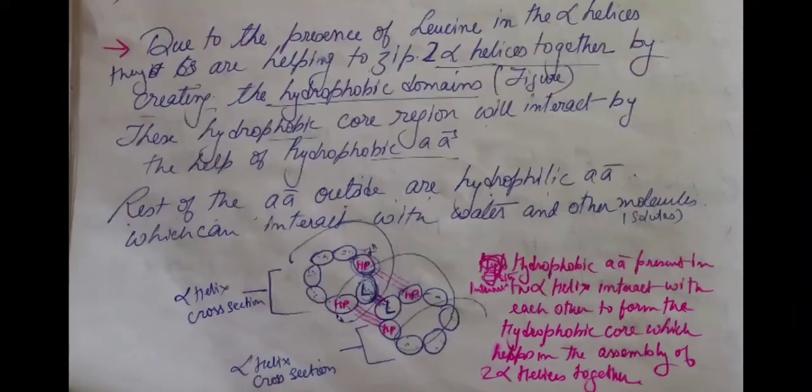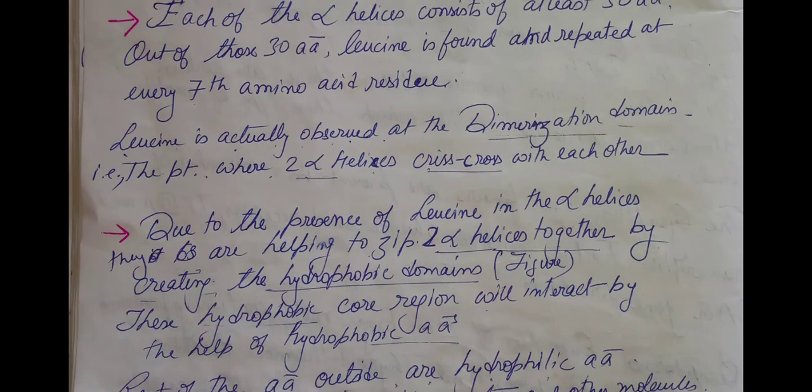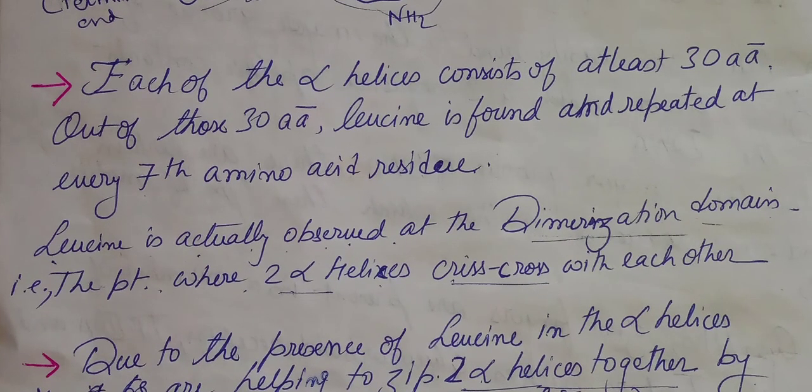So it is saying that the alpha helix consists of at least 30 amino acids, and leucine is found and repeated at every 7th amino acid residue.